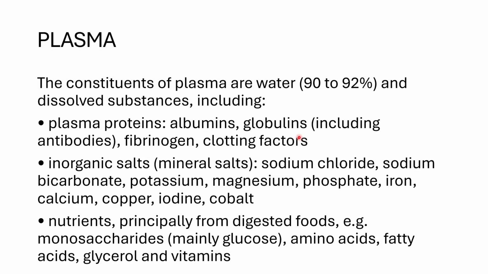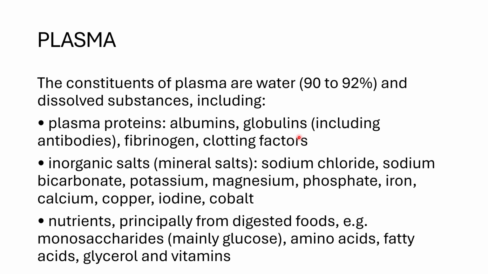Another thing that consists of plasma is inorganic salts, which are sodium chloride, sodium carbonate, potassium, magnesium, phosphate, iron, calcium, copper, iodine, and cobalt.